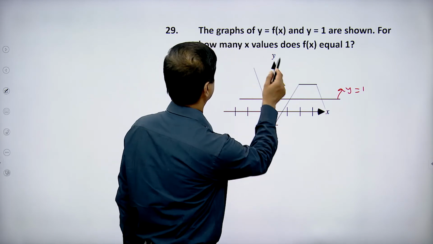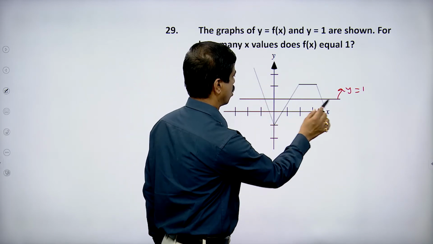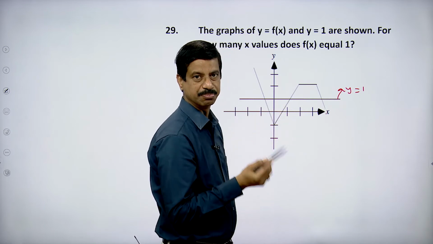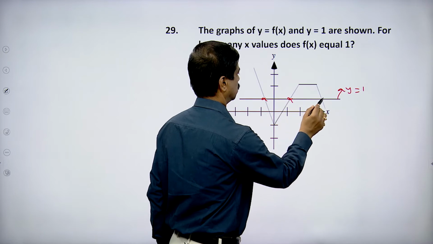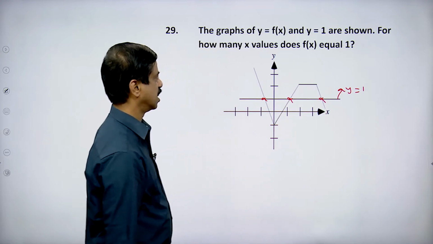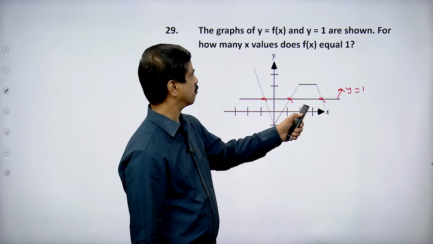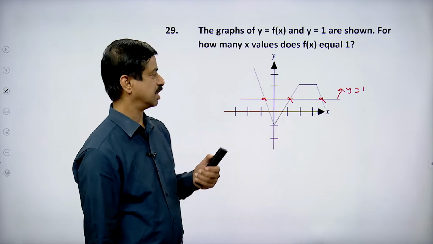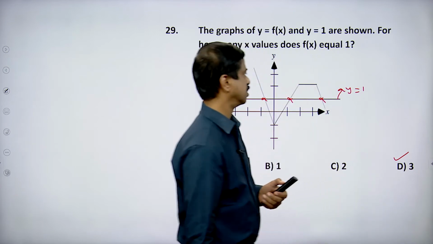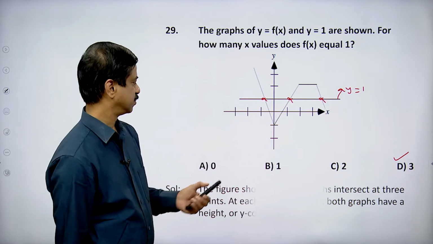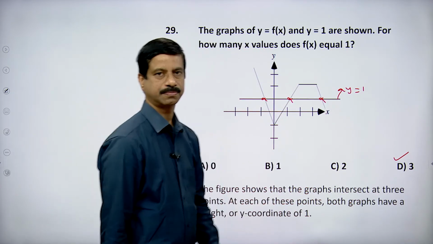You see this line, how many times it is cutting the curve is important. That is f of x equal to 1. 1, 2, 3. Right? 3 values are there where y equal to 1 cuts f of x. So, there are 3 values of x at which f of x is equal to 1. Okay? So, please note it fast, quick.